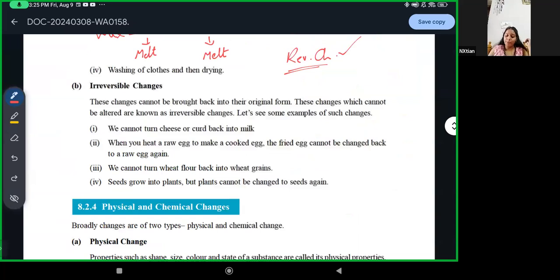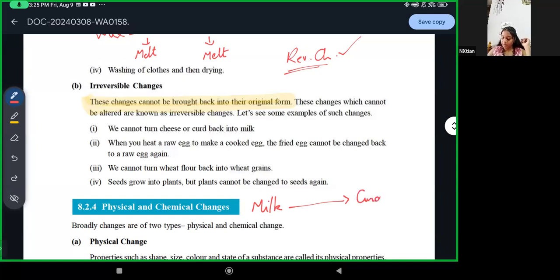Then we have irreversible changes. They cannot be brought back into their original form. These changes, which cannot be altered, are known as irreversible changes. Now I have milk, and out of the milk I made curd.